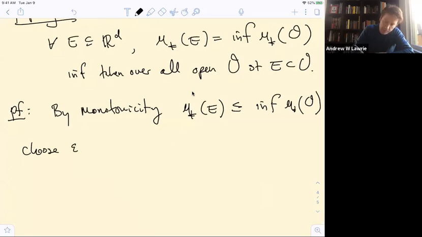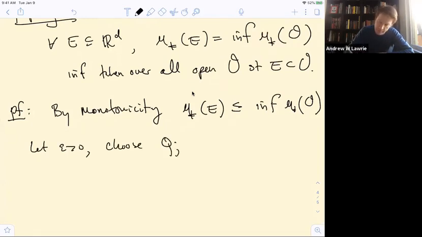So let epsilon be bigger than 0 and choose cubes Qj such that E is inside the union of the Qj's.